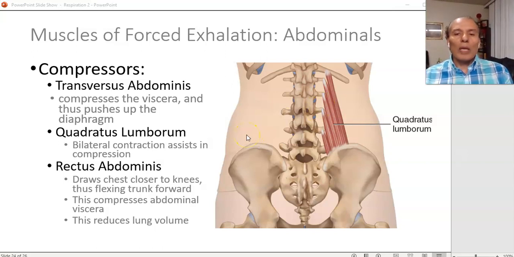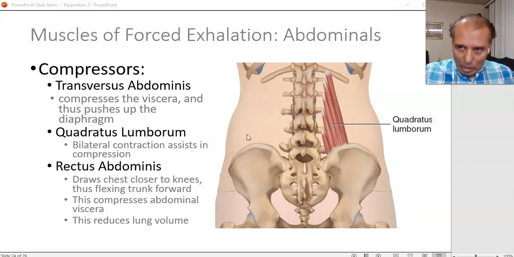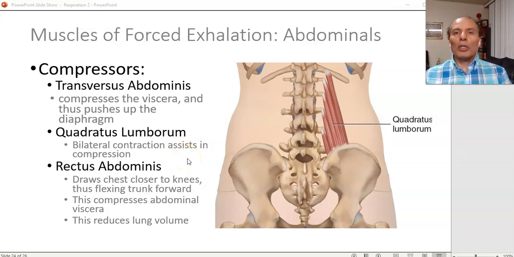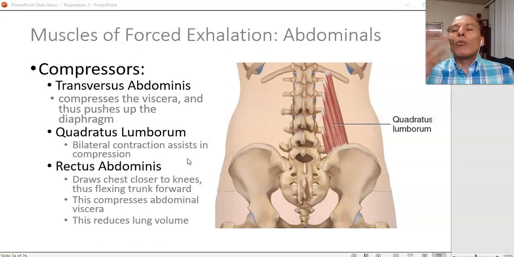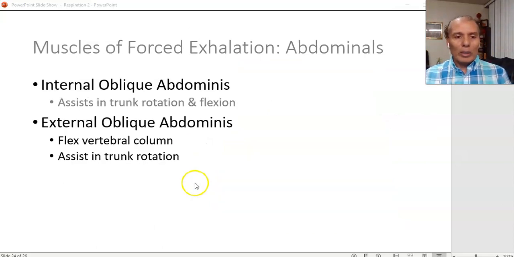The rectus abdominis, as I mentioned, enables you to flex or bend forward, and by doing so, you are going to compress the thorax and the abdominal viscera. You notice if you speak without breathing and you continue to speak until you run out of breath, you will bend forward so you can generate more compression and make more air go out as you are speaking.